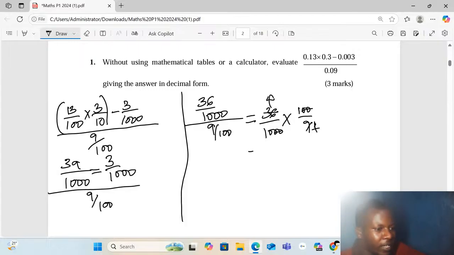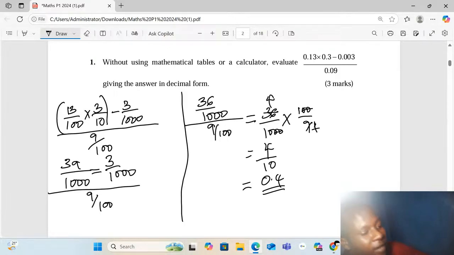Now we have 4 over 10, which is 0.4. And that is how you arrive at your final answer without using a calculator or a mathematical table. That's simple. Then you get your 3 marks.